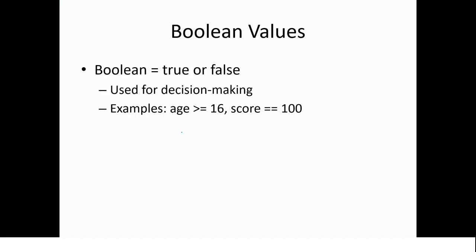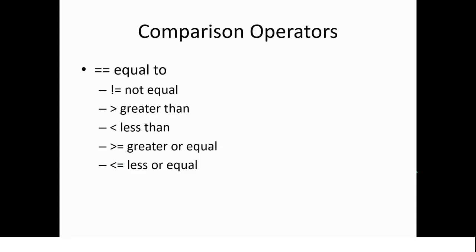Score equals 100 basically means, does score equal 100? True or false? And this condition means, is age greater than or equal to 16? True or false? If it is greater than or equal to 16, then your Boolean variable will store true, and otherwise it will store false.